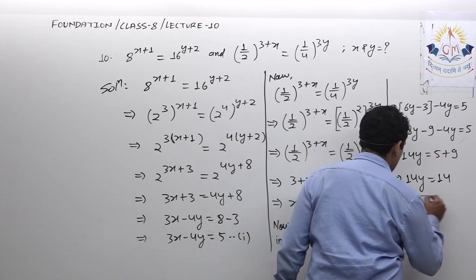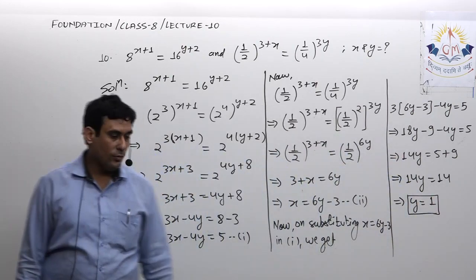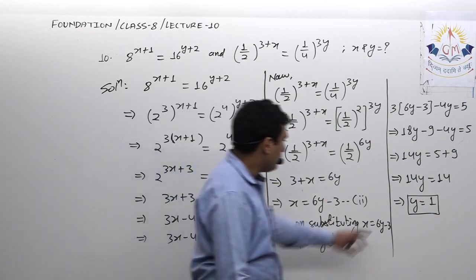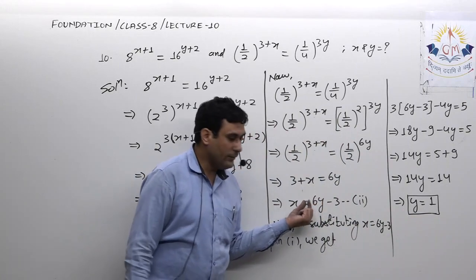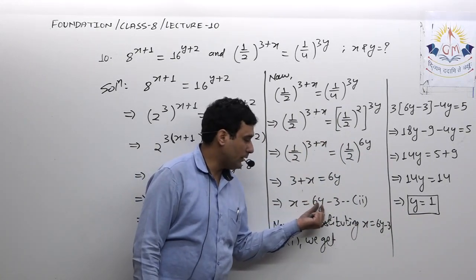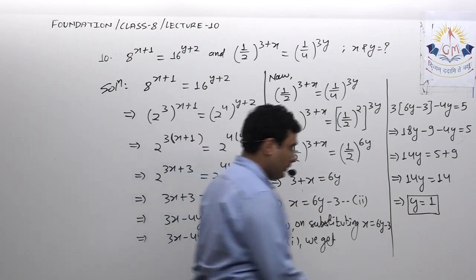So here I got the value of one variable, that is y. Now to get the value of x, I put y equal to 1 in equation number 2. Orally we can see 6 into 1 is 6, 6 minus 3 is 3. So x will be 3.